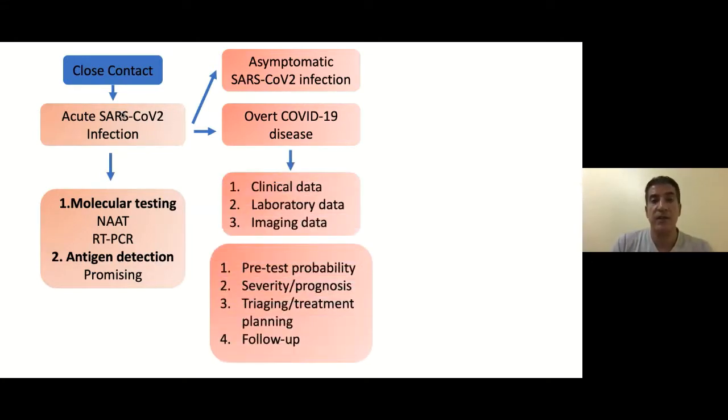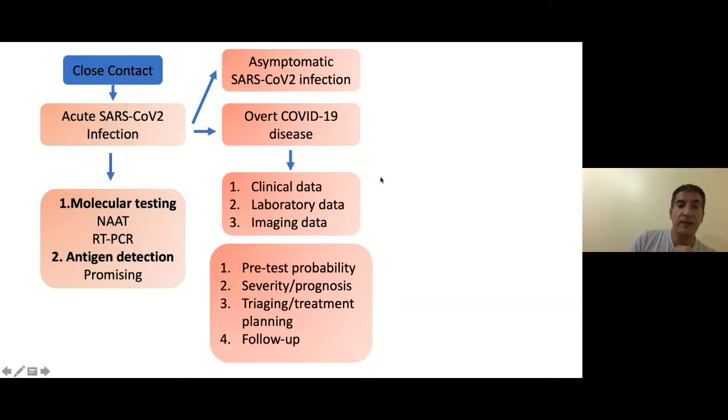Here come our clinical, laboratory, and imaging data, because that will help you stratify the severity of the disease and predict the prognosis. Only with that can you triage the patient, whether to send him home for mild disease, keep him in the ward, or admit him to the ICU. Based on that, you will also formulate a proper treatment plan and follow-up.